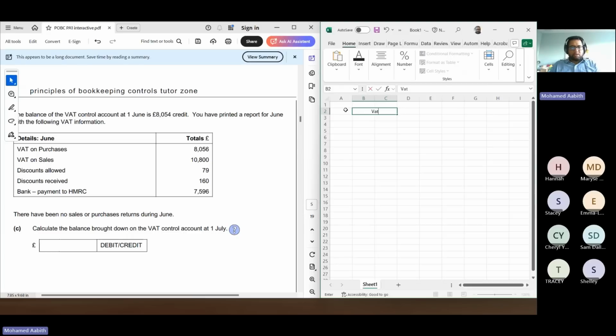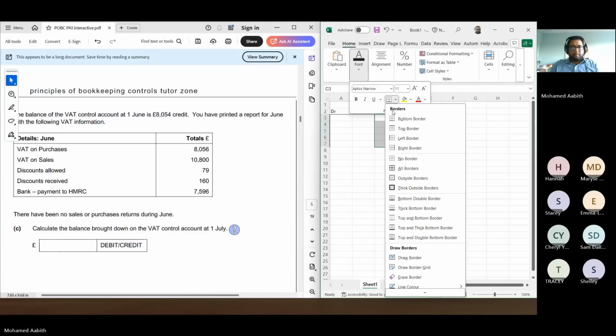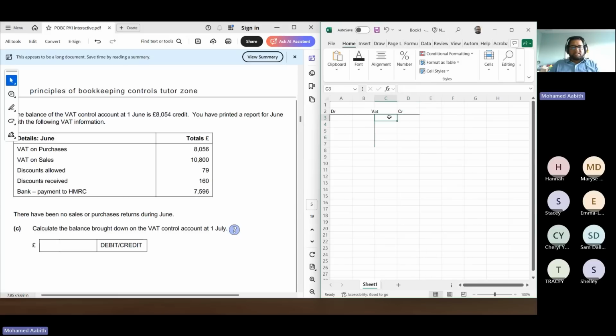So I'm going to quickly do the VAT control account. This is going to be my debits, and this is going to be my credits. At the beginning we started with 8,054, so I'm going to quickly put a line there. So here, balance brought down 8,054, and then we have VAT on sales.